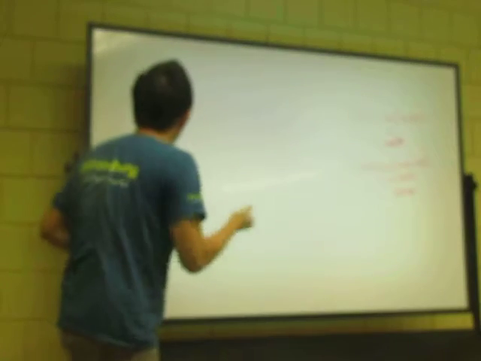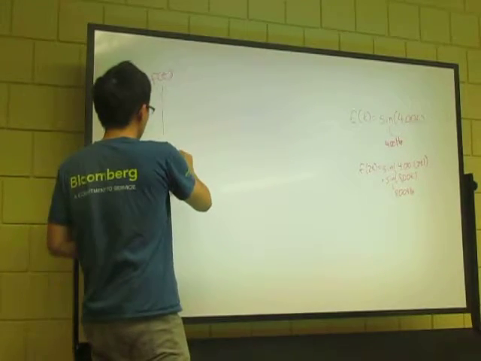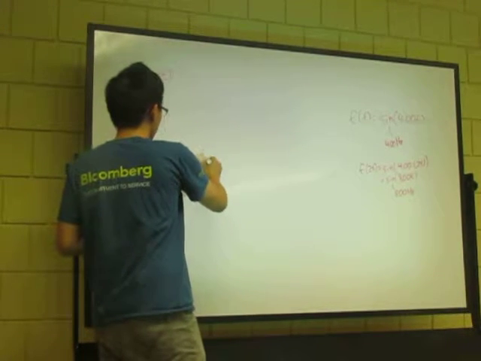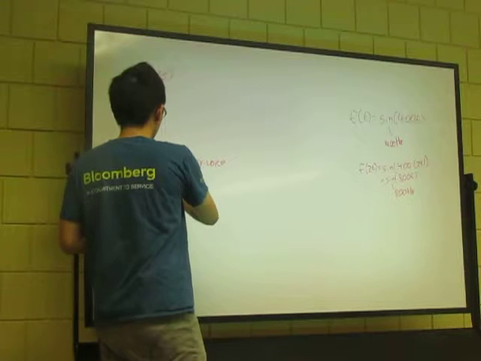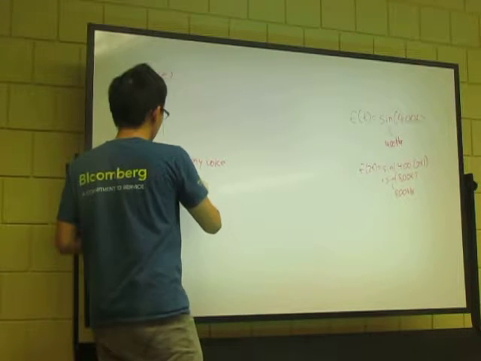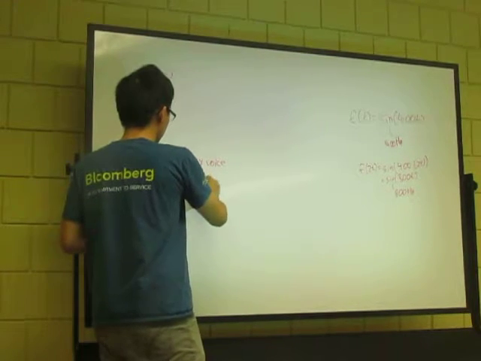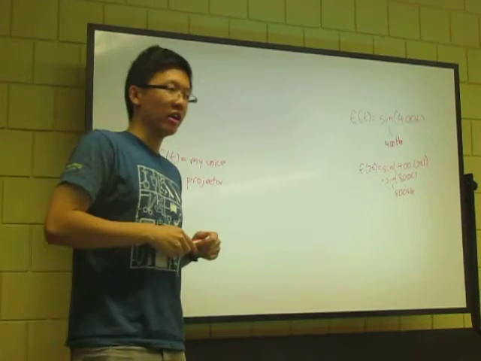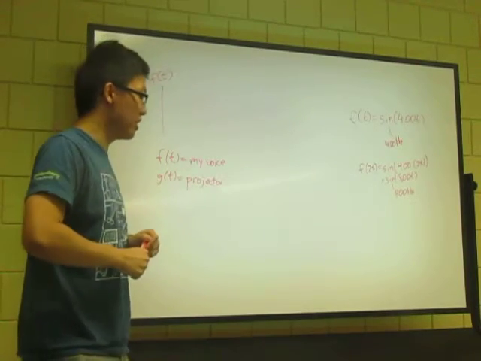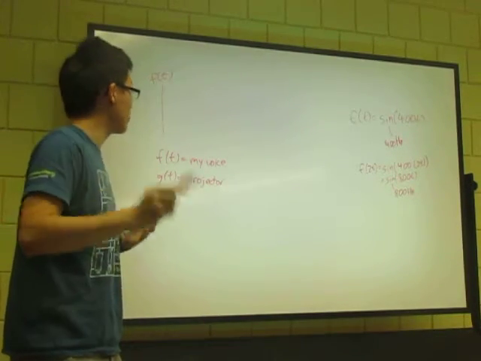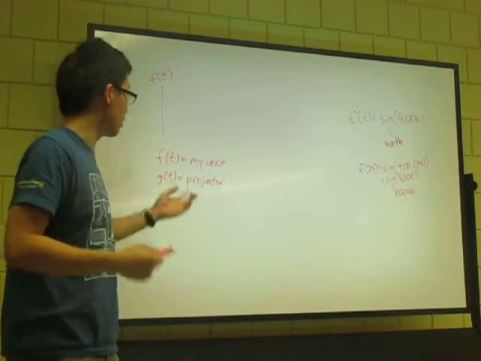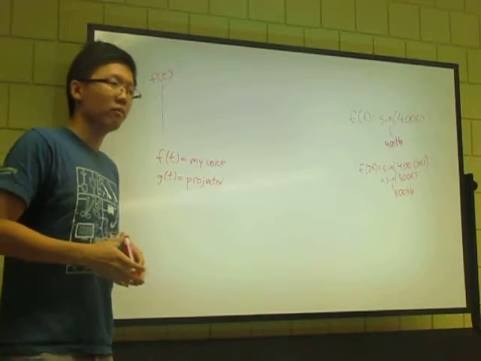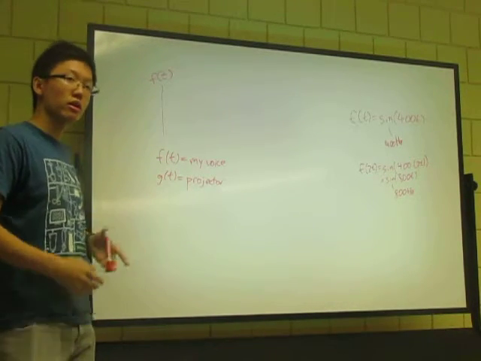And so suppose that f of t is the sound wave corresponding to my voice, and g of t is the sound wave corresponding to, let's say, this projector. What do you think, just as a guess, would be the sound wave that your ears hear? So the combination of my voice and the projector, in terms of f and g.